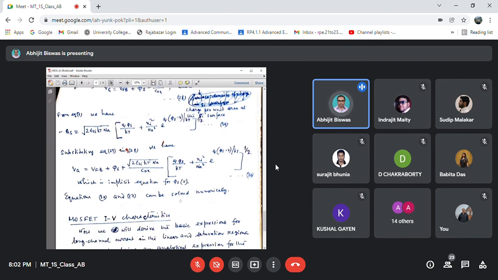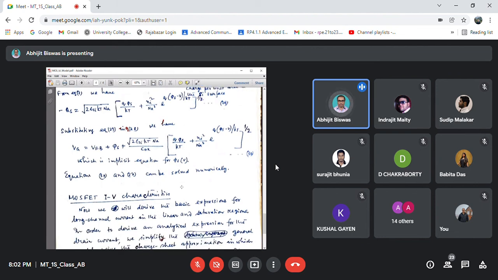If you rearrange this equation and make this substitution, you can get the expression for the gate voltage in terms of the surface potential phi s.